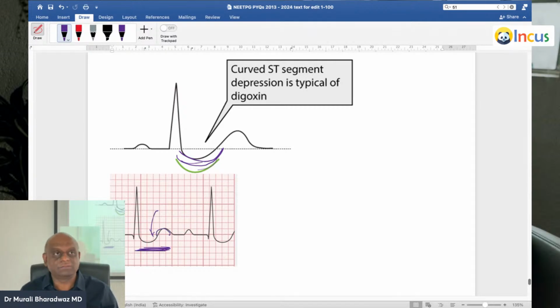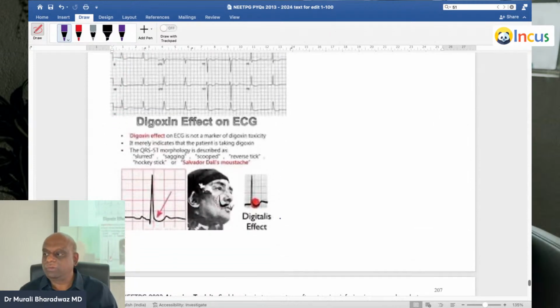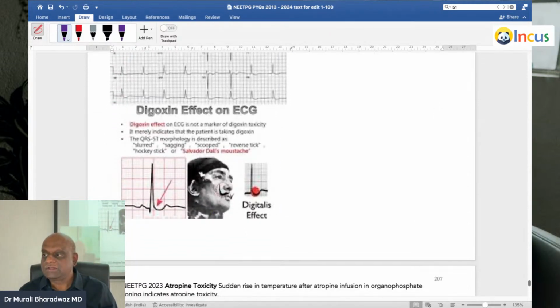See, this is the T wave. This is the T wave. What is this? QRS. So between the S and the T wave, the beginning is called the ST segment, and that will be sagging down. So what does it look like?